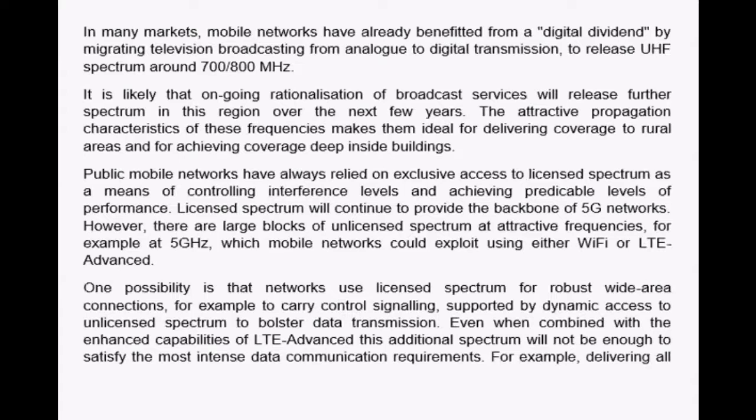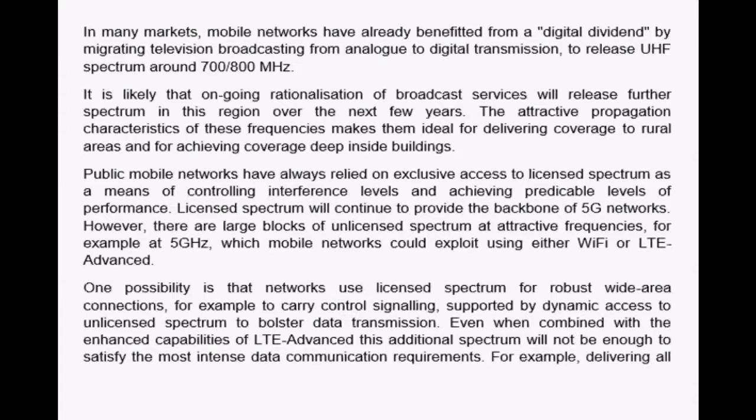Public mobile networks have always relied on exclusive access to licensed spectrum as a means of controlling interference levels and achieving predictable levels of performance. Licensed spectrum will continue to provide the backbone of 5G networks.